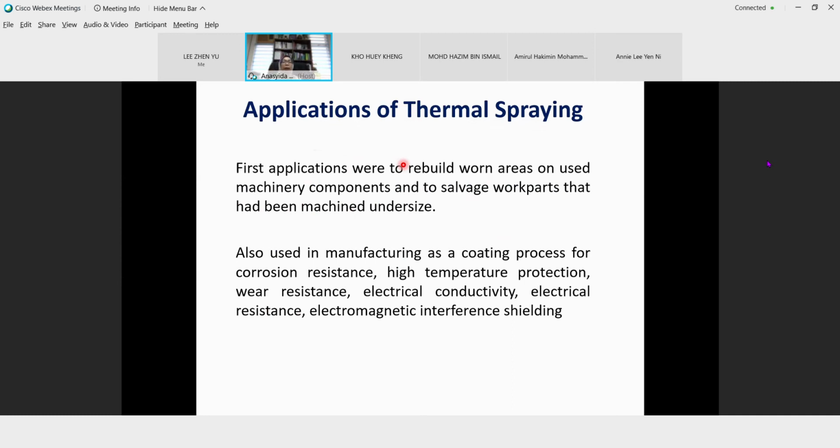That's a common purpose of coating, but besides that, they can also do a rework process.